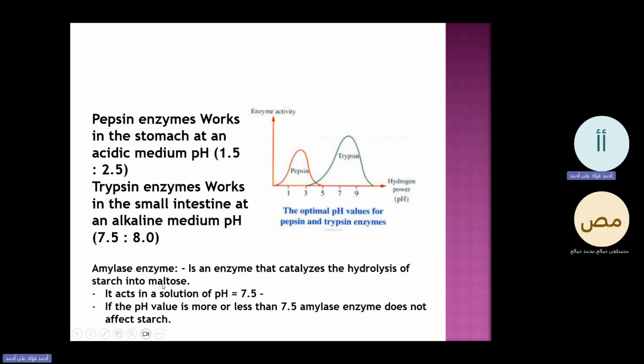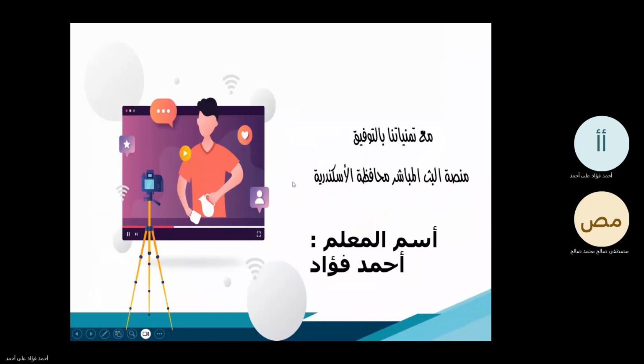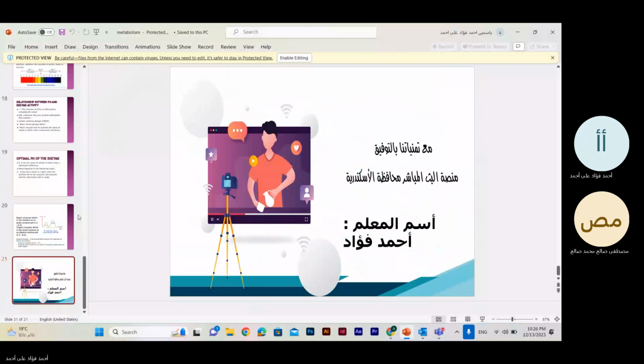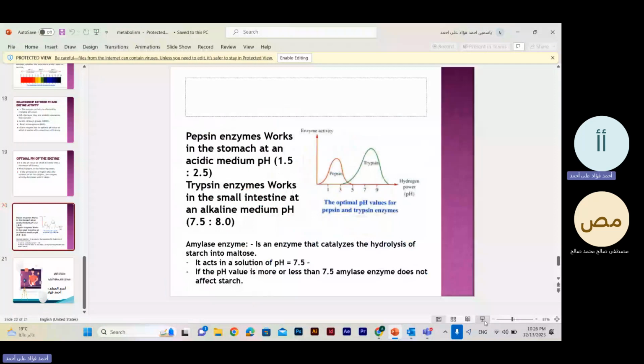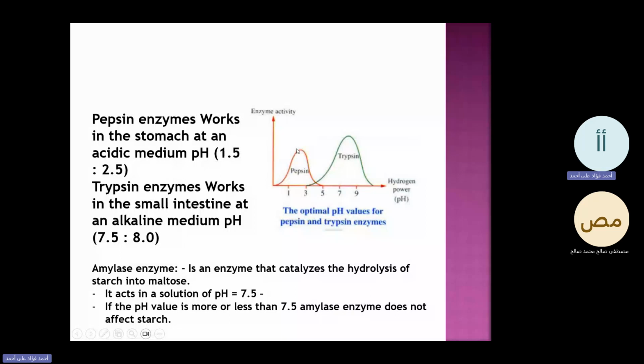Because this piece of bread contains starch, and after a while this starch change into maltose by the effect of amylase. طيب ايه اللي هيحصل بقى لما الاميليز دوت يبدا ينتقل جوه الاستومك؟ هنا الاستومك جواها اسيدك ميديوم، يبقى جوه الاستومك بيفرز هنا هيدروكلوريك اسيد بيحول الميديوم انتو اسيدك، فبالتالي this hydrochloric acid will works to stop the effect of amylase enzyme.